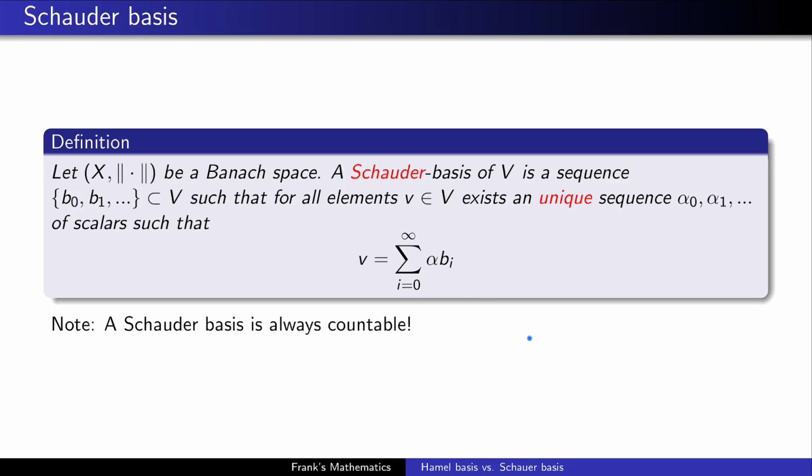So this is a fine definition, and obviously a Schauder basis is always countable because it's just a sequence and you can just count them. So this is called a Schauder basis.